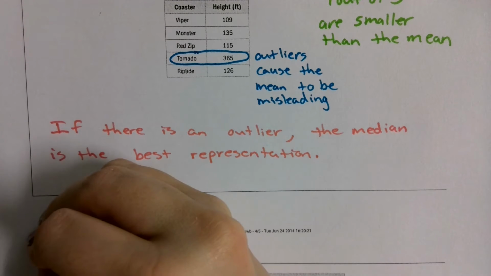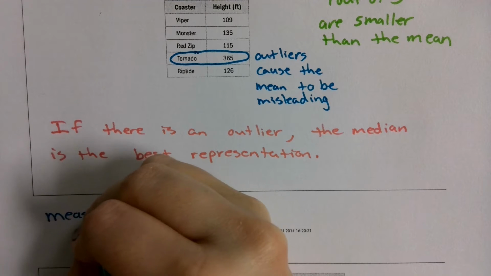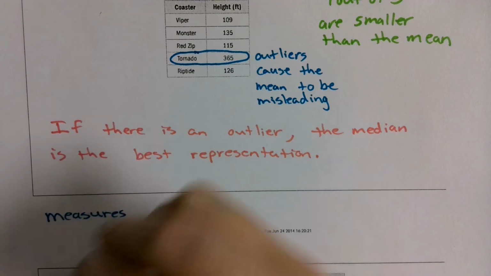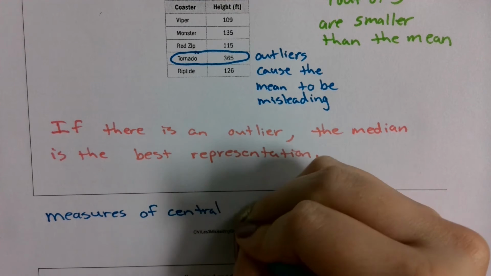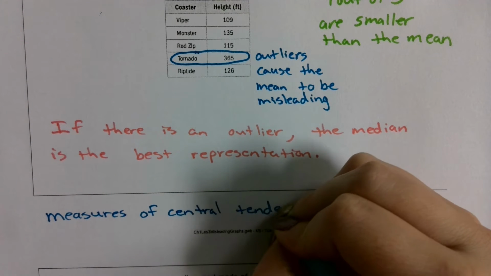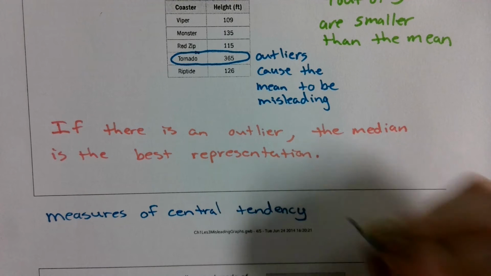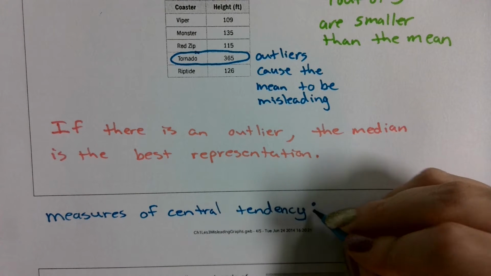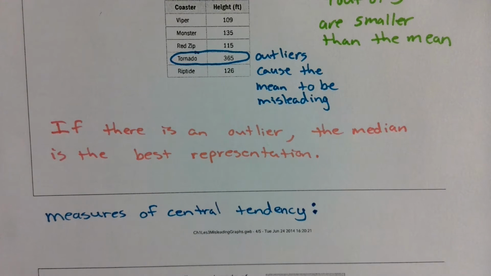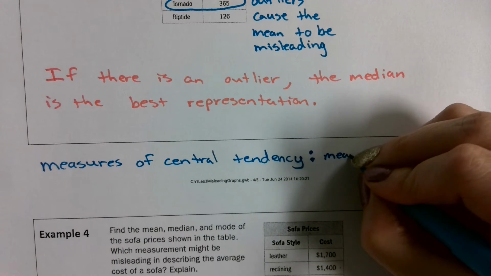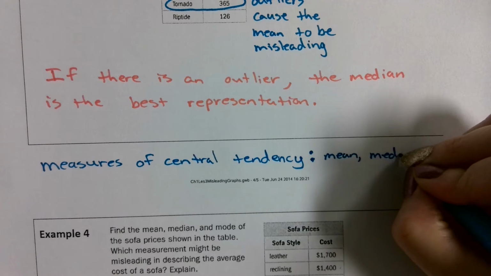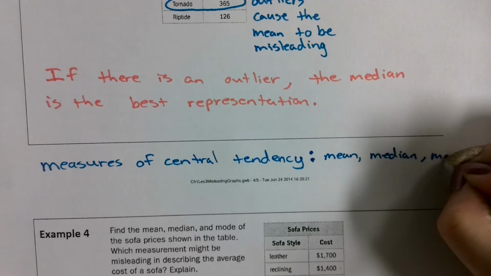Now, real quickly, a nice little side note that you need to know. If you see anything in today's assignment that says measures of central tendency, they're talking about the 3 M's. That would be mean, median, and mode.